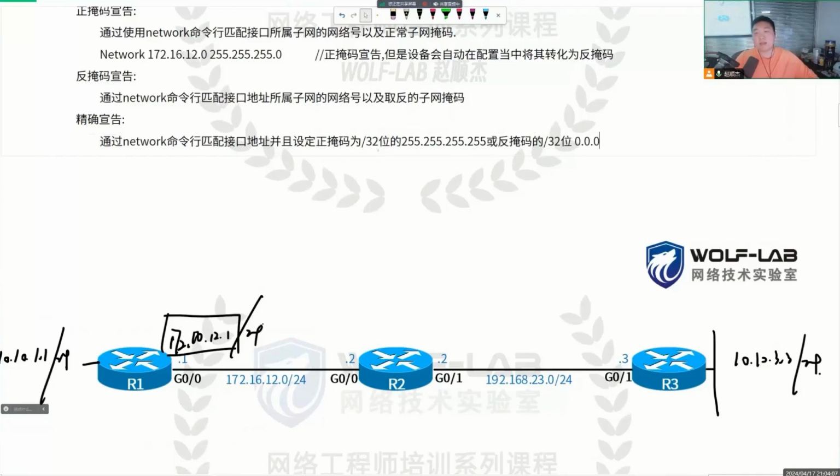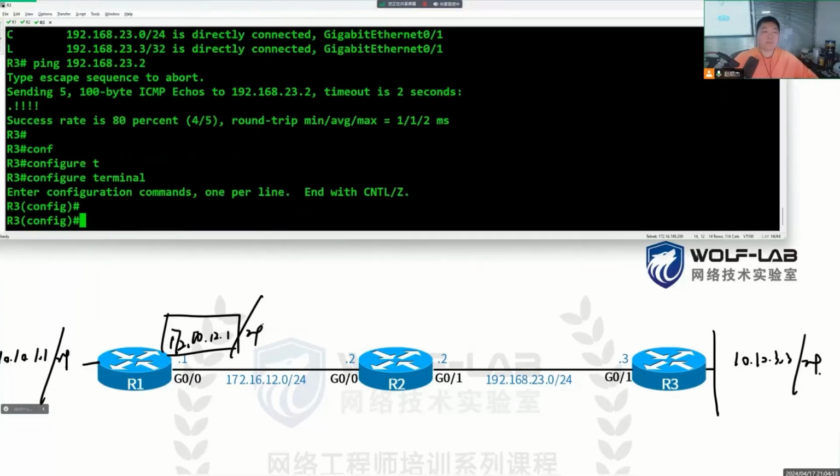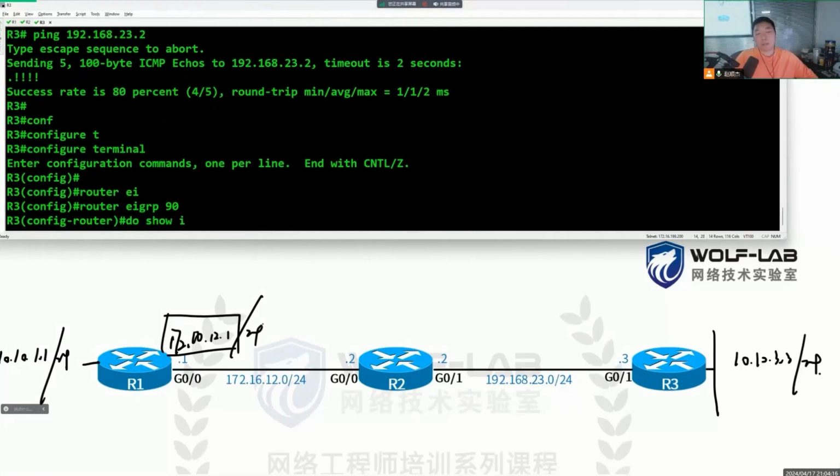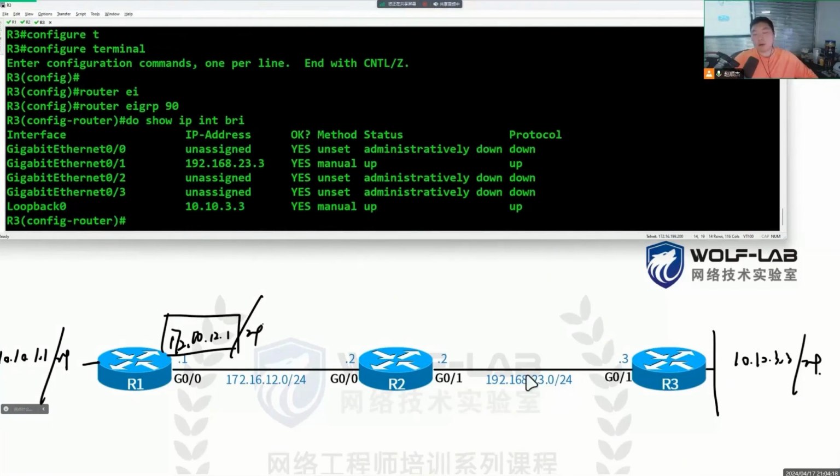Let's see, 192.168.23.3/32. All bits are network bits, fixed. In this network segment of ours, there is only one address, 192.168.23.3. The interface address is matched by the network statement. Our interface address is 23.3. Matched, right? There is only one address inside, just match 23.3.